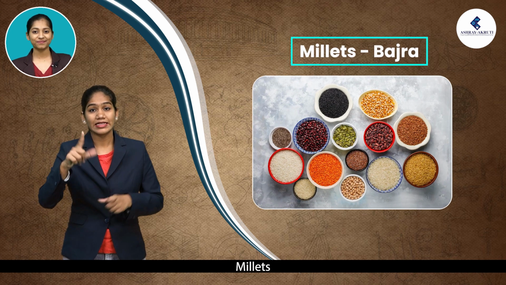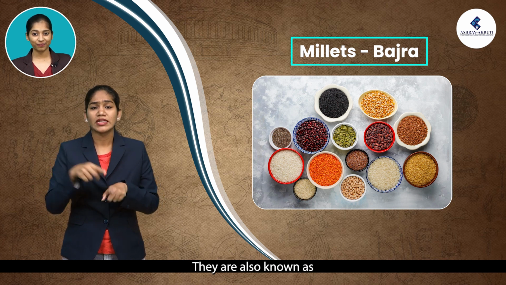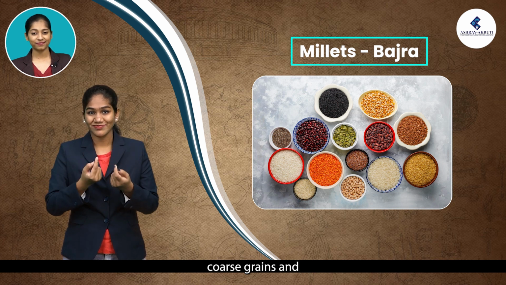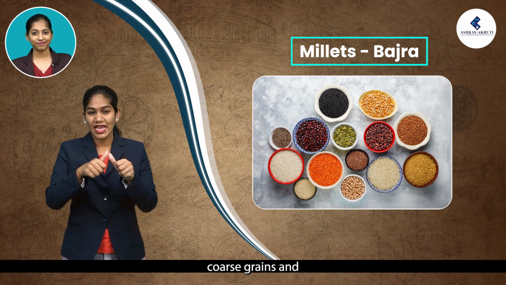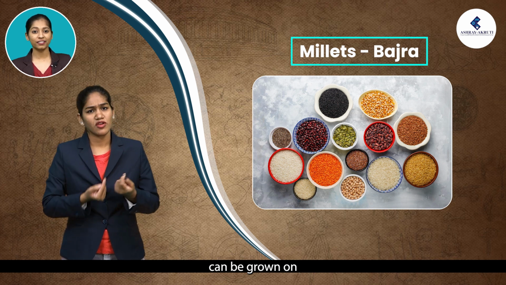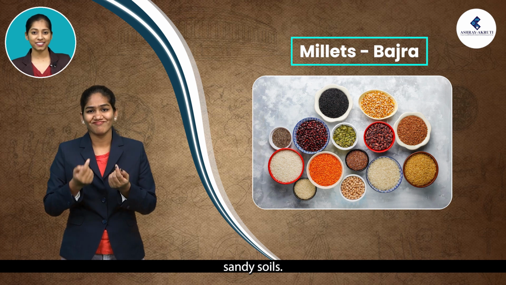Millets. They are also known as coarse grains and can be grown on less fertile and sandy soils.